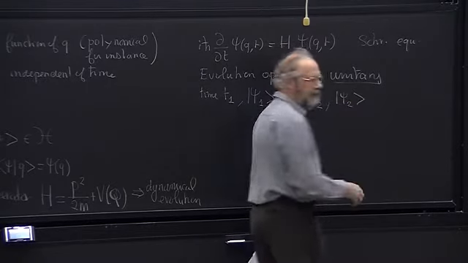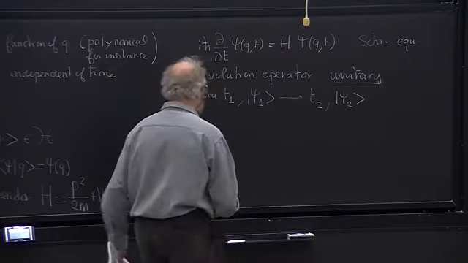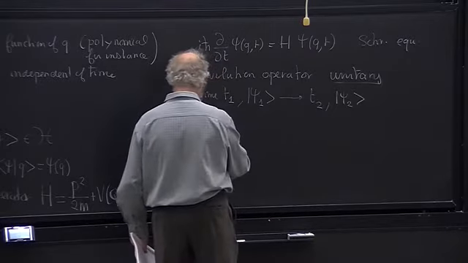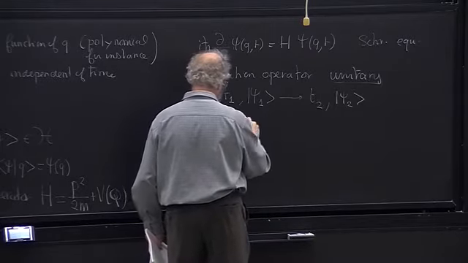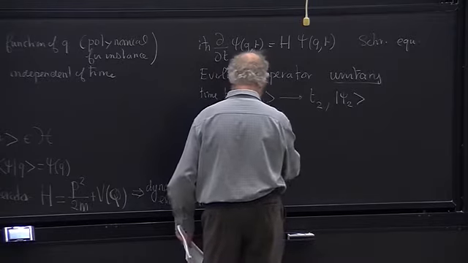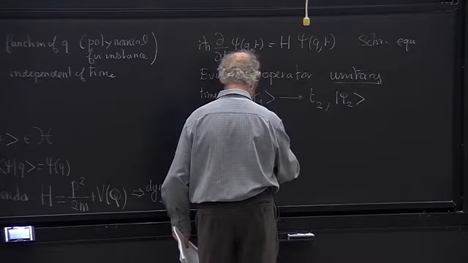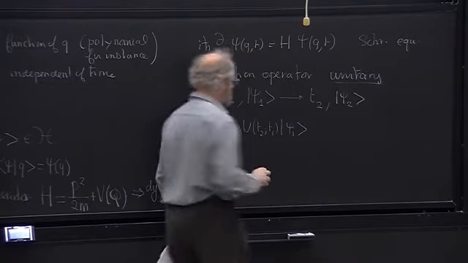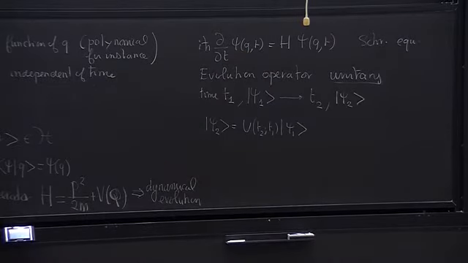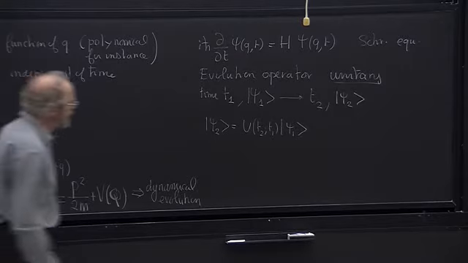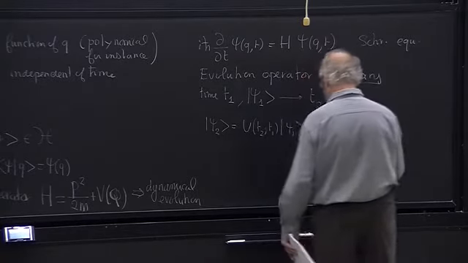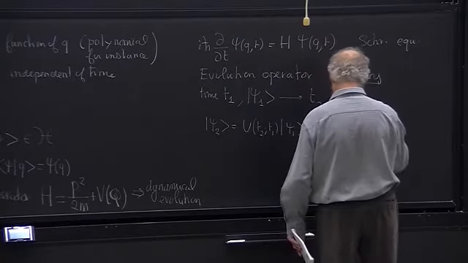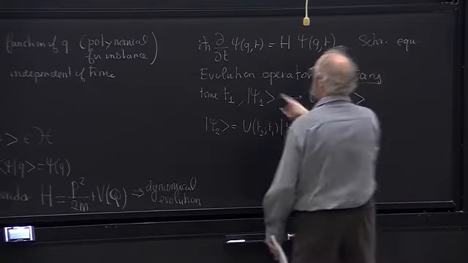Of course, psi2 depends on t. And basically, the state psi2 is the result of applying this evolution operator to the state psi1. Because evolution is a unitary transformation, and U of t2 minus t1 is just, you integrate this.